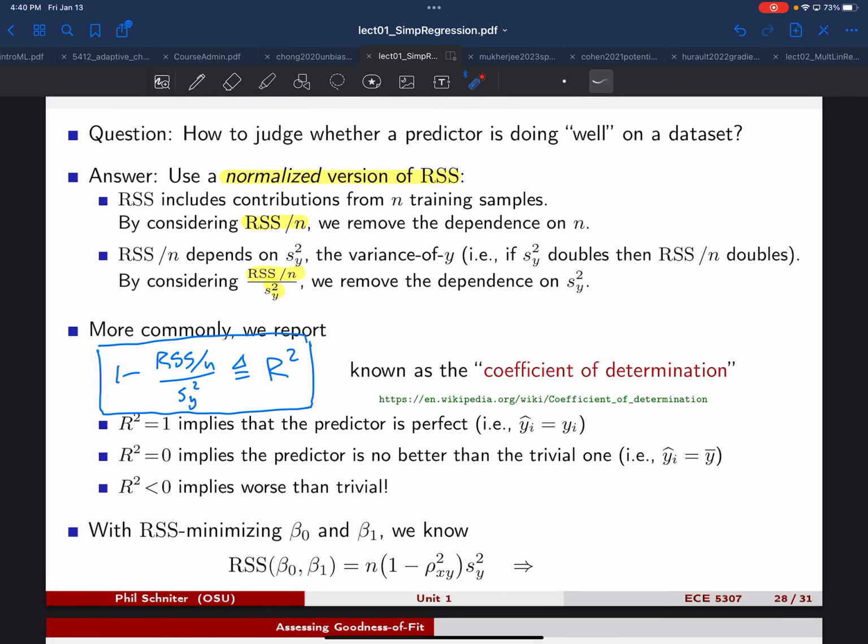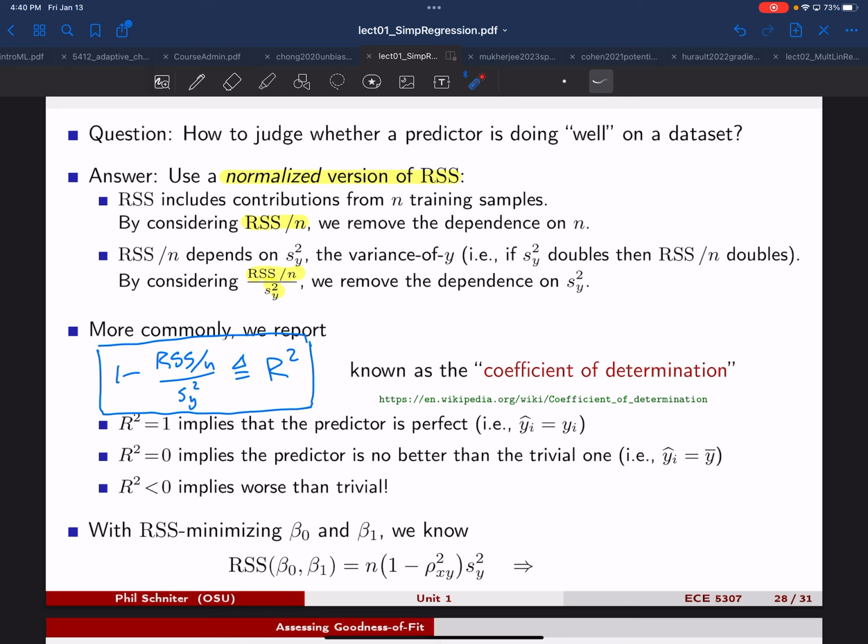Let's remember this is the expression that we derived for RSS. If I use the optimal RSS minimizing predictor, what's the worst thing that can happen? What is the worst RSS I could get? 1 or n sy squared.